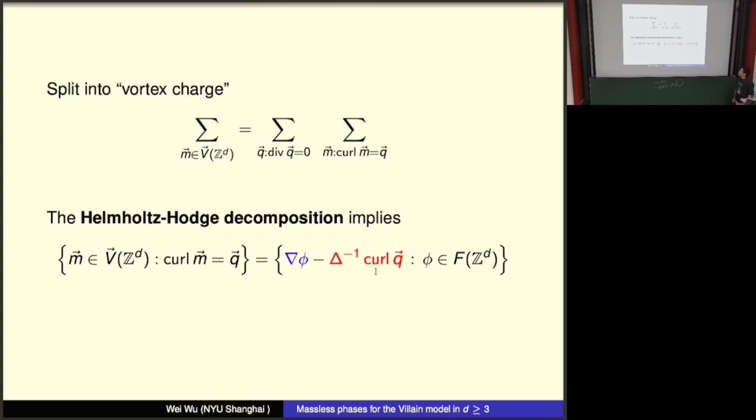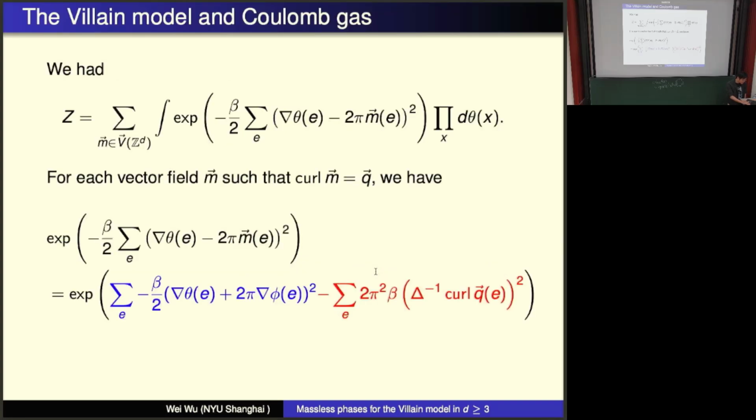Okay? Now, what's more important is that if you plug it back, the special form of Villain, which is quadratic in the exponential, tells you that these two parts are actually independent. The cross term vanishes, so you have this potential part and this divergence-free part. And by some integration by parts, you will see that this term gives you the GFF, and this term gives you a Coulomb gas.